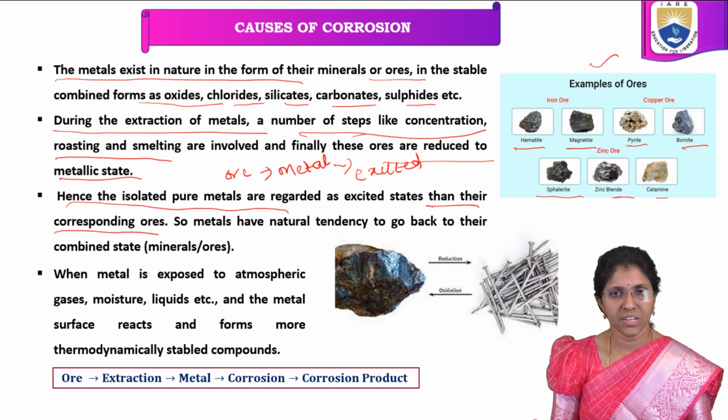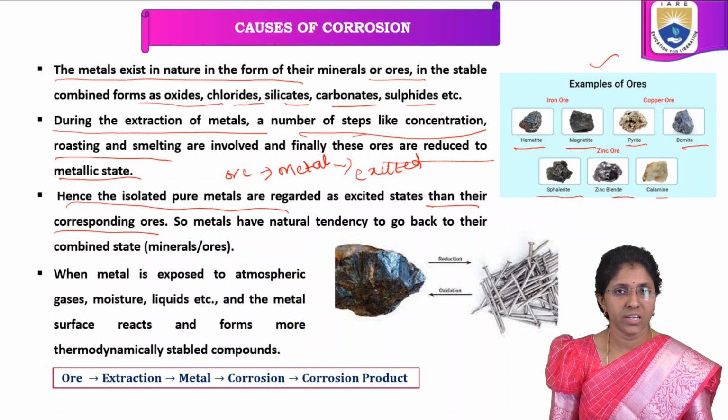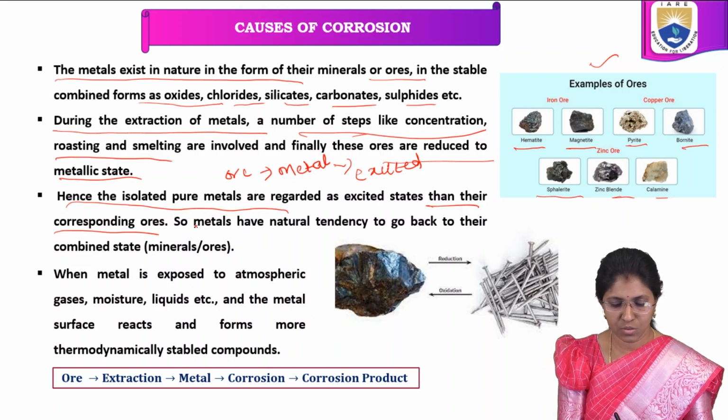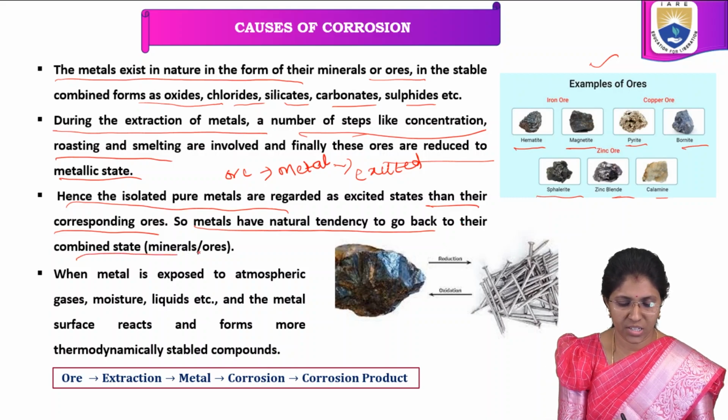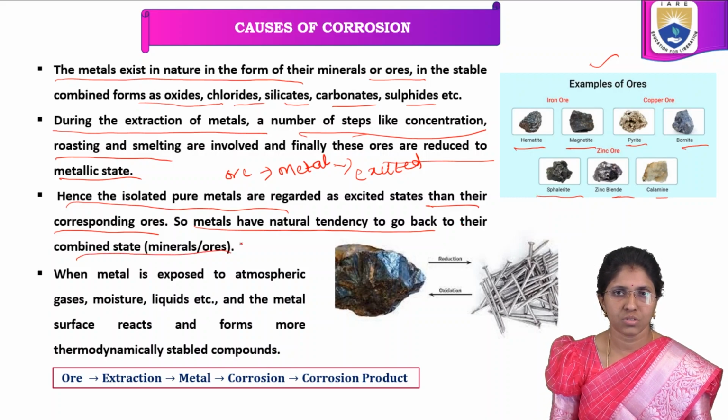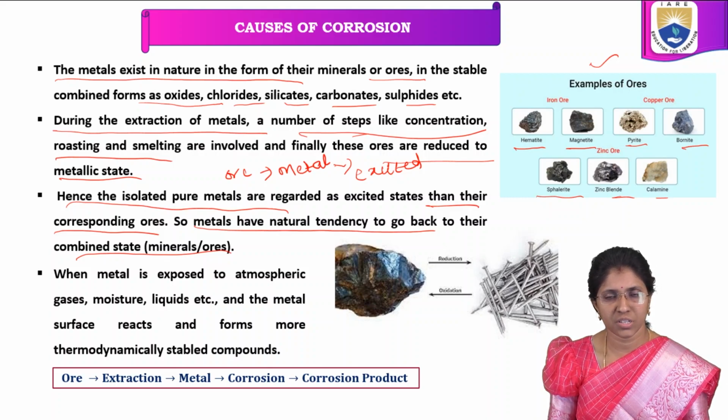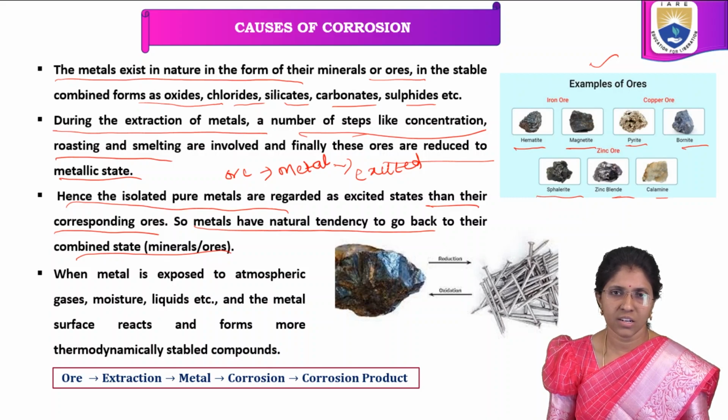So metals have a natural tendency to go back to their original combined state, like minerals or ores. This is the cause of corrosion. We are extracting the metals from ores, but the metals are in an excited state. That's why they react with the environment and go back to their combined state.